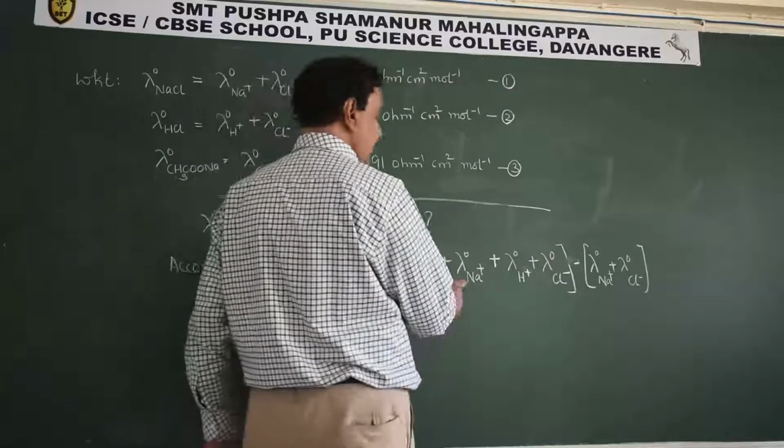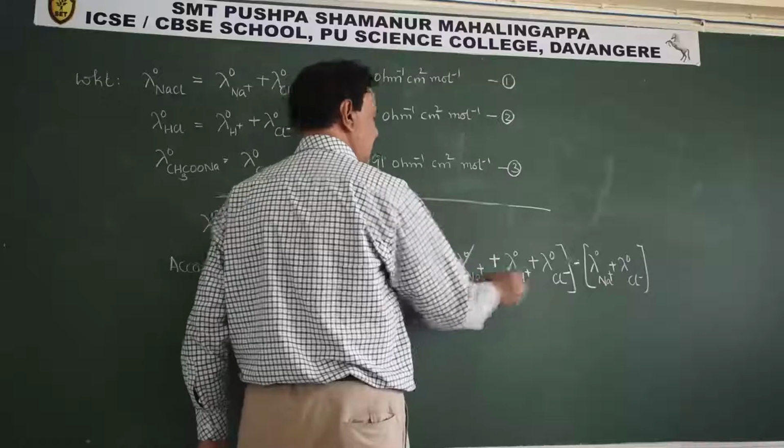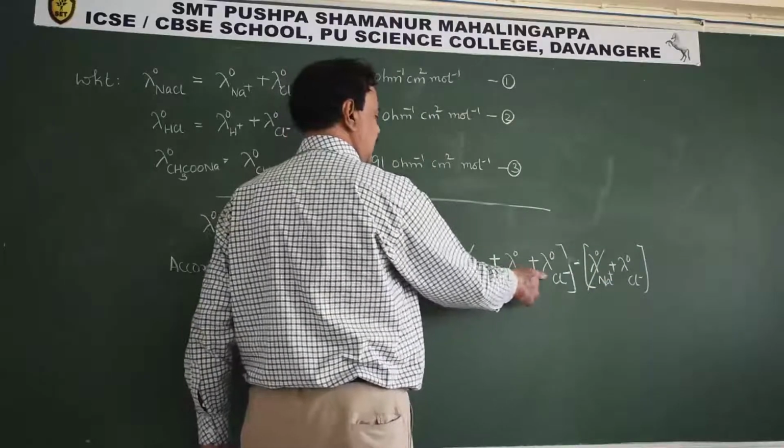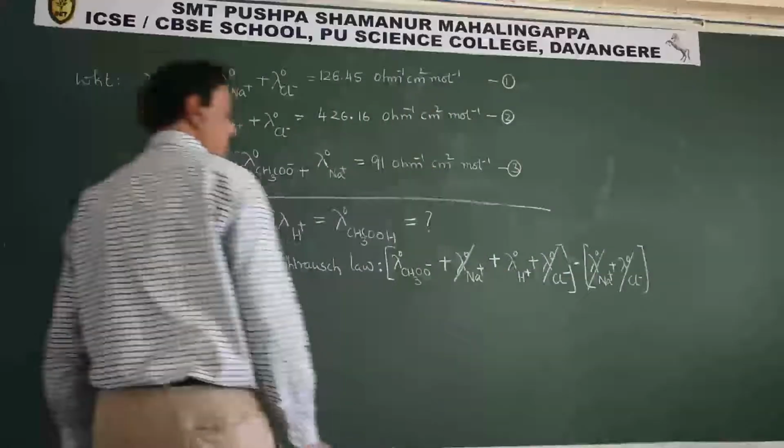See, this is lambda naught of Na plus and this is minus lambda naught of Na plus, they will get cancelled. Lambda naught of Cl minus here and lambda naught of Cl minus here will get cancelled.